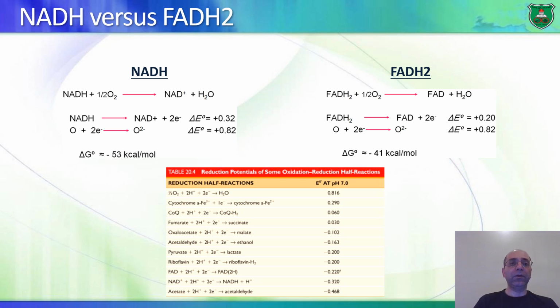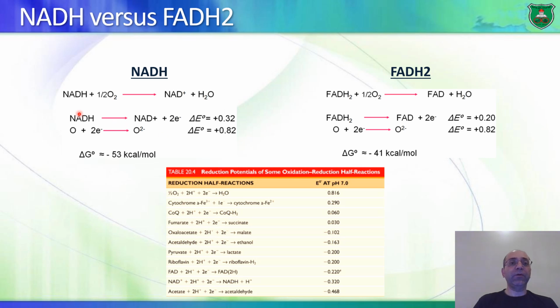So looking at an example of these reactions is the reduction of NADH and FADH2. These are the electron carriers. If you look at these reactions, NADH transferring electrons to oxygen results in the formation of the oxidized form of this electron carrier, which is NAD plus H2O.